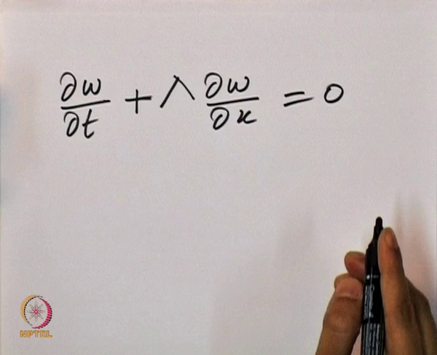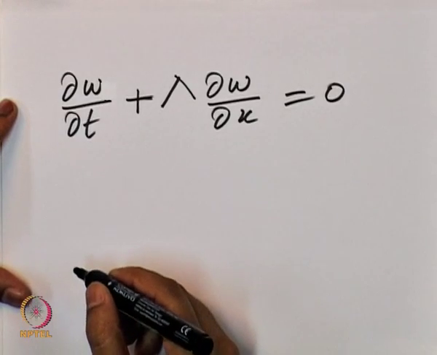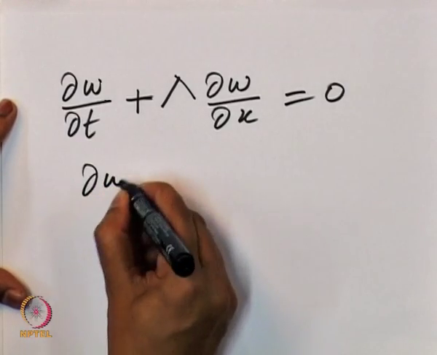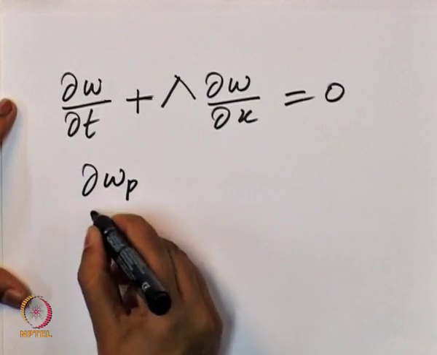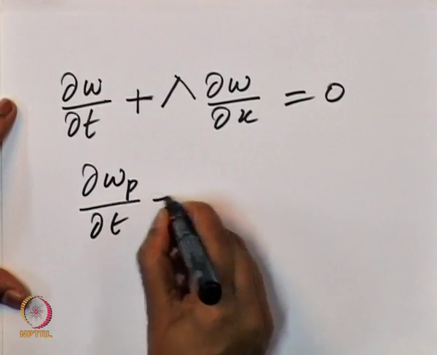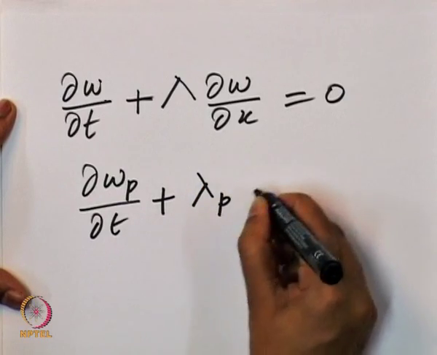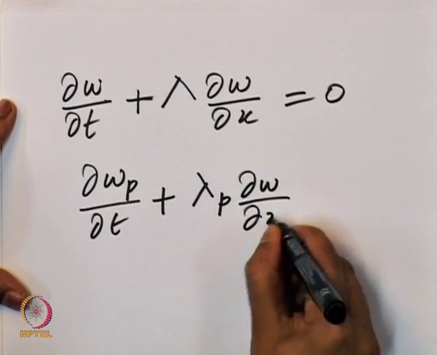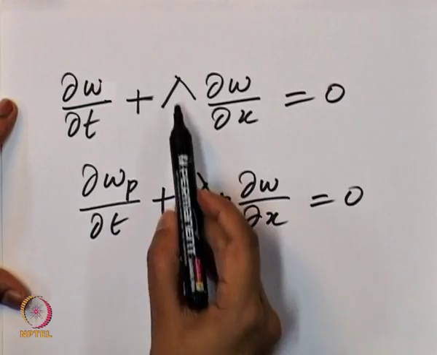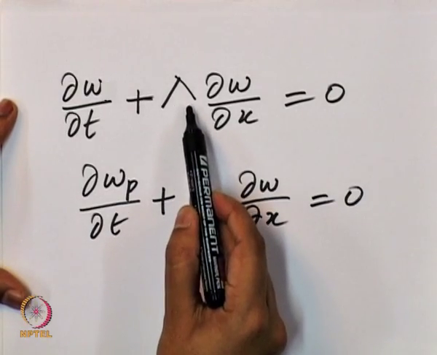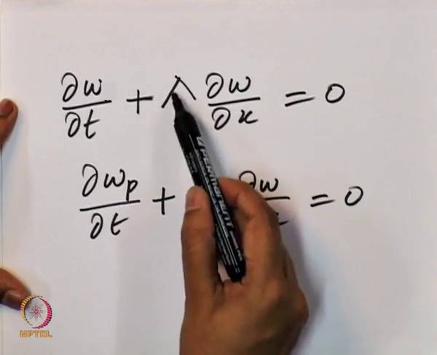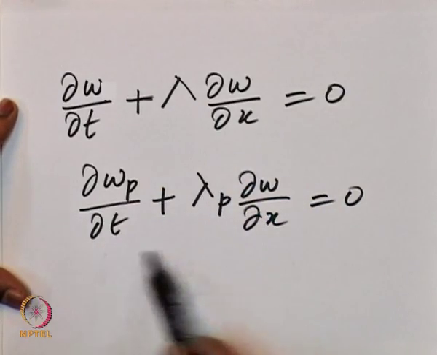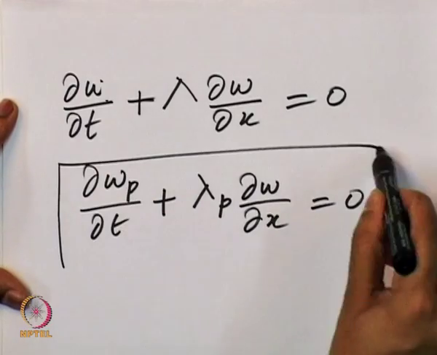So what I have done is I have used this definition. Maybe I will use only w here, but when I write the equation, you will see dw of p by dt plus lambda of p dw of p by dx is equal to 0. These are the individual components because this is a diagonal matrix. When you multiply the diagonal element, you will get only the p component, and then you will get individual equations.